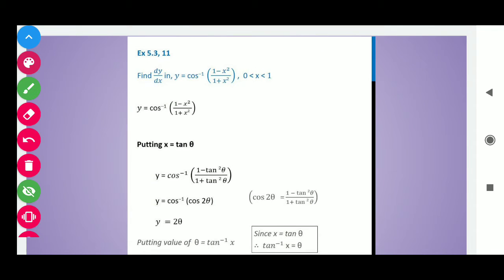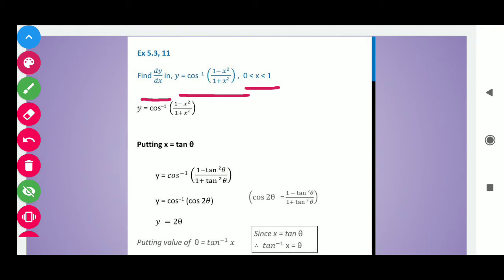Here we have: find the derivative of y with respect to x, where y is equal to cos inverse of (1 minus x squared) over (1 plus x squared), where x lies between 0 and 1.